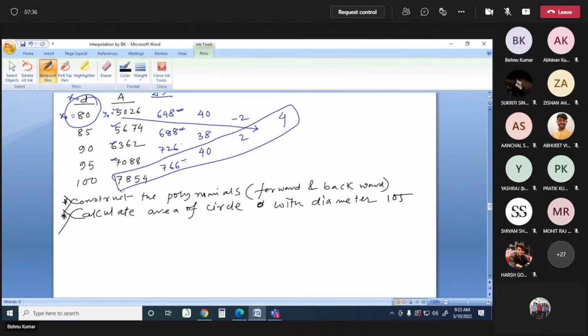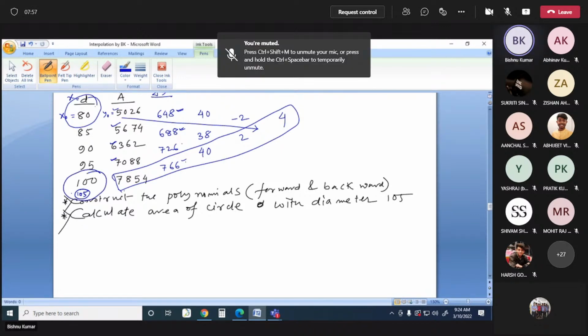Sir, forward. No, that is wrong. You just see 105. Where is the 105 position? 105 is after 100. So it is in the neighborhood of 100.